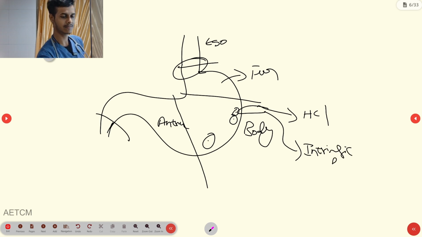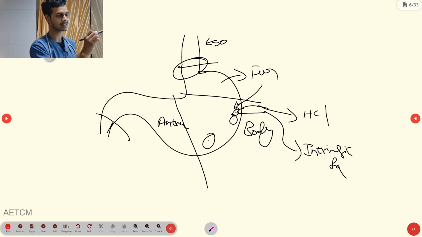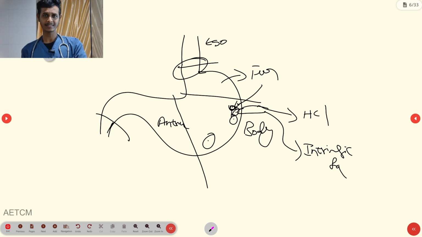Whenever there is stimulation from the nervous system, mainly by the vagus nerve, it acts on the parietal cell. There you have receptors like the H2 receptor, the histamine receptor. The nerve signal attaches to the H2 receptor, thereby the parietal cell secretes the stomach acid, that is HCl, and the intrinsic factor.